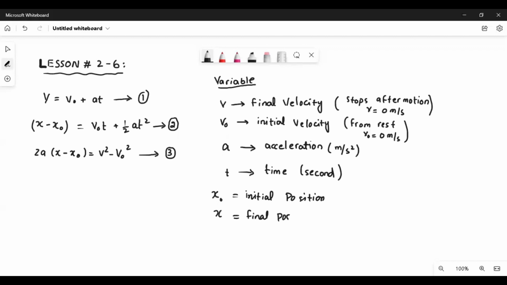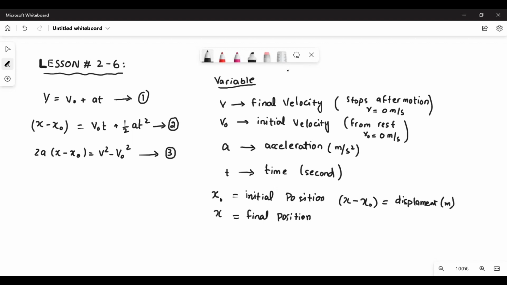In general we prefer x minus x naught as a whole as distance or displacement, and we will use a unit for it as meter.